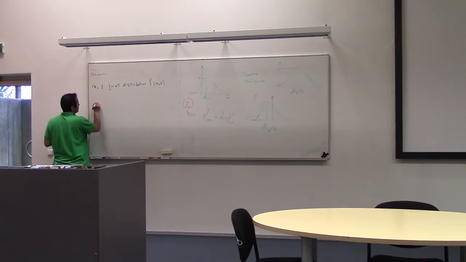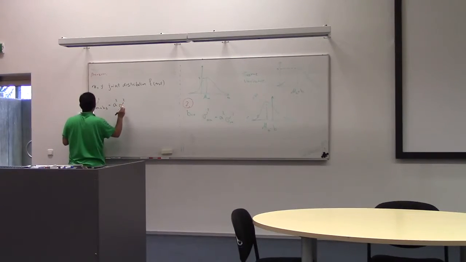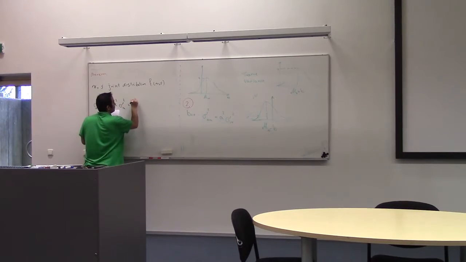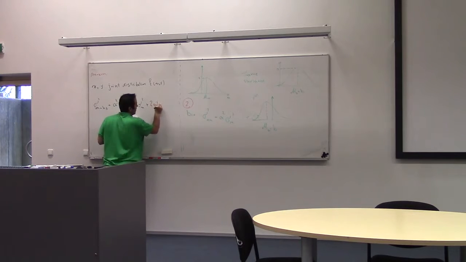Then we can write the variance of aX plus bY as a² σ²_X plus b² σ²_Y plus 2ab σ_XY.